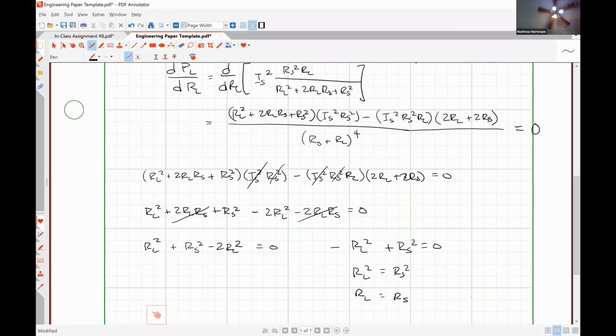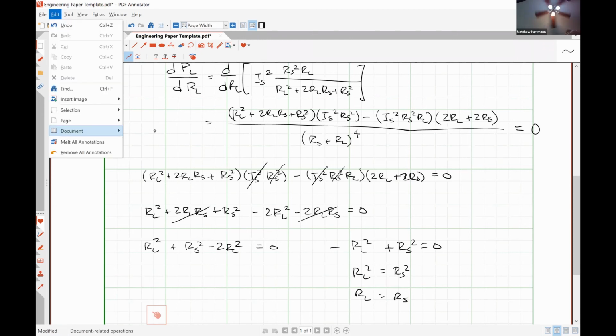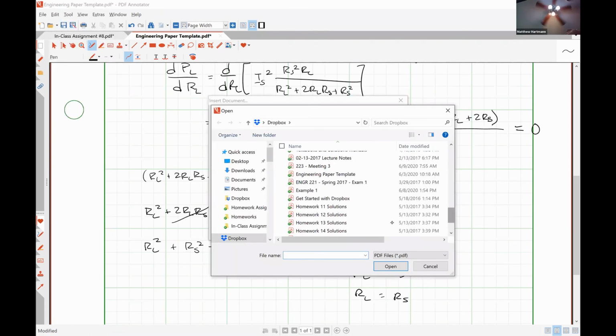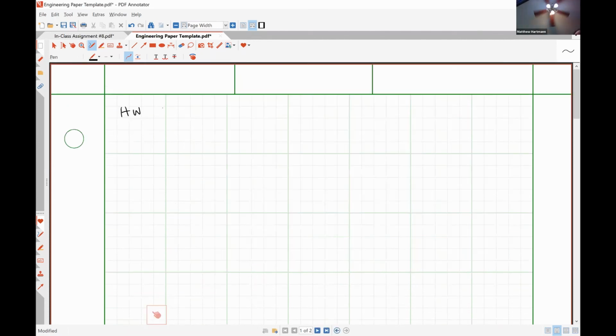Okay, so let me add another sheet of paper here real quick. All right, so homework 7, problem 3.